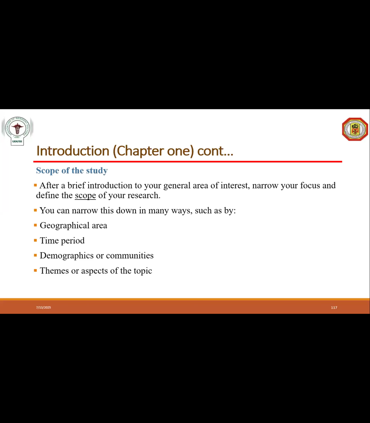So you only want to study in that area, the time period you specify, the demographics you specify. That is, you make a specific explanation of where you want to study. That is the scope of the study. Because since the topic is broad, you cannot cover everything for that topic. So you have to narrow your scope to show the reader that this is where I want to study specifically. So that is the scope.